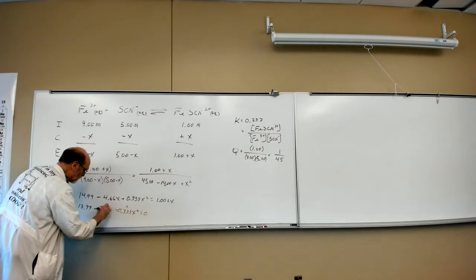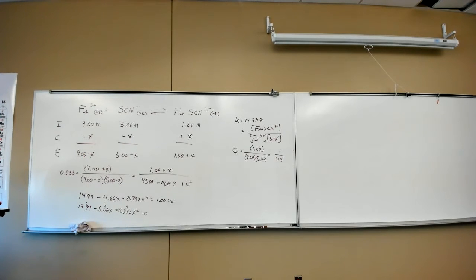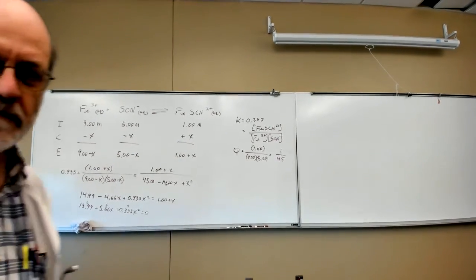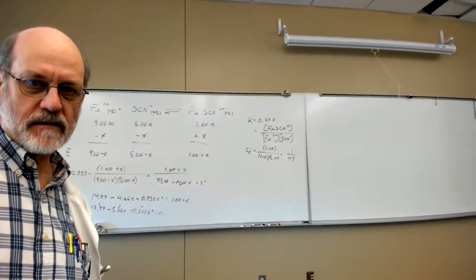This is our A term, this is our B term, this is our C term. Did I lose anybody? Or do I need to move this thing? Yeah, you can still see it.